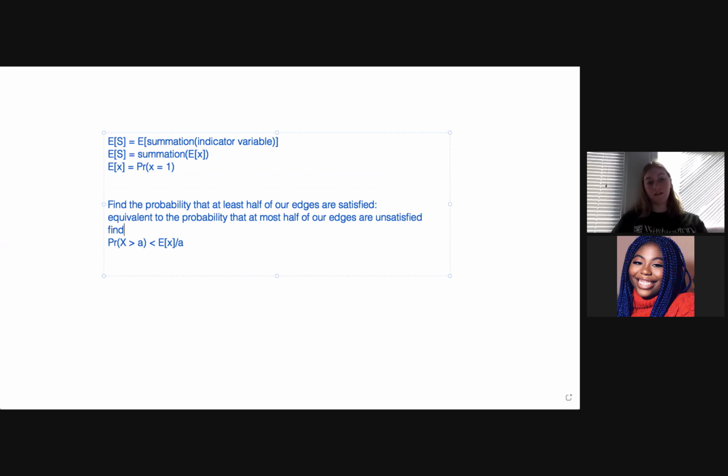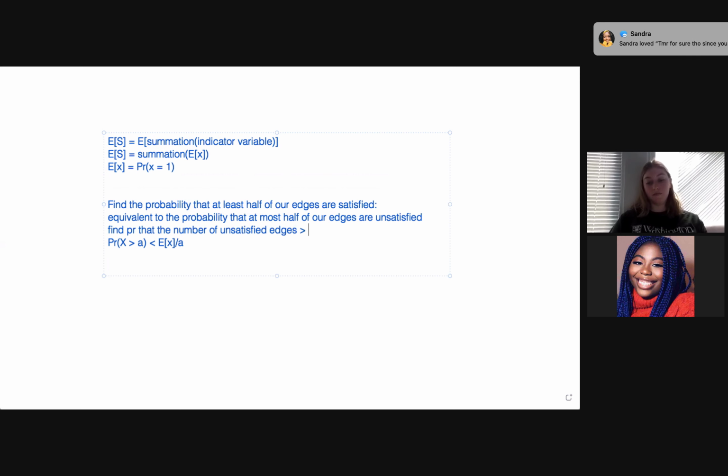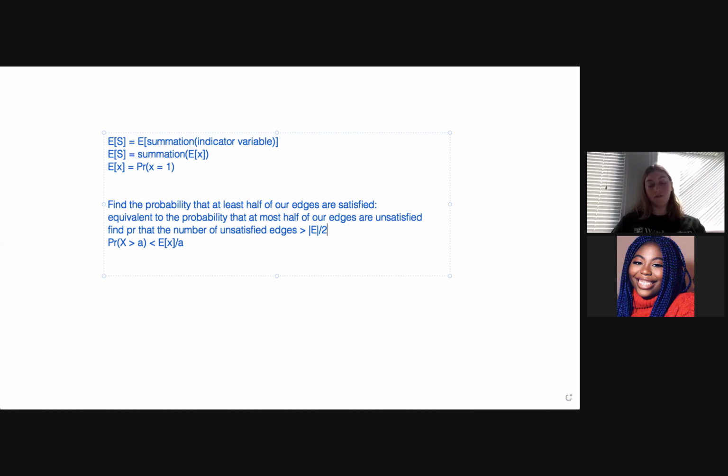So find the probability that the number of unsatisfied edges is greater than the number of edges over 2, right? If we find that, we can do 1 minus that to get the probability that at least half our edges are satisfied.